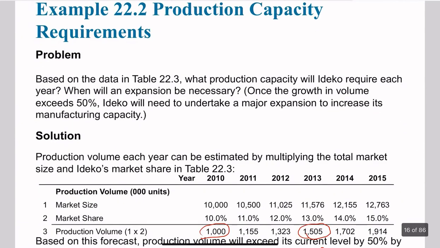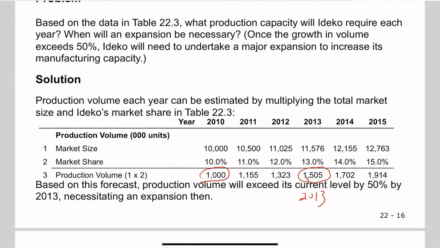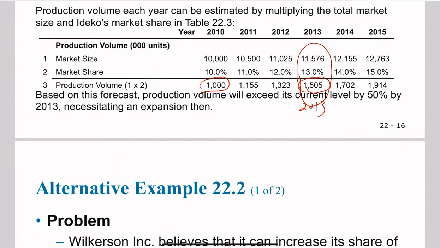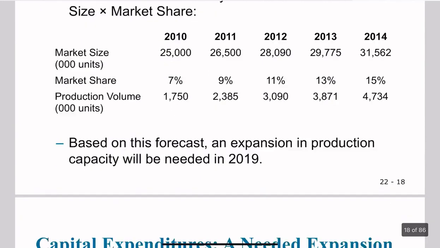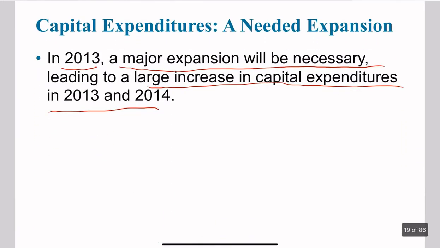So we checked the numbers and we found out in 2013 the production volume will increase by 50% compared with the volume in 2010. So our result was in 2013 the firm would start expanding its production capacity. Then we made further assumptions. That is, the firm would actually expand its production capability in 2013 and 2014.